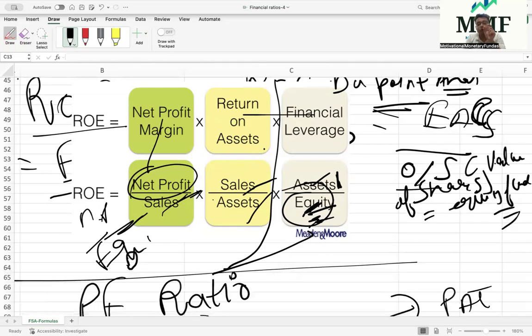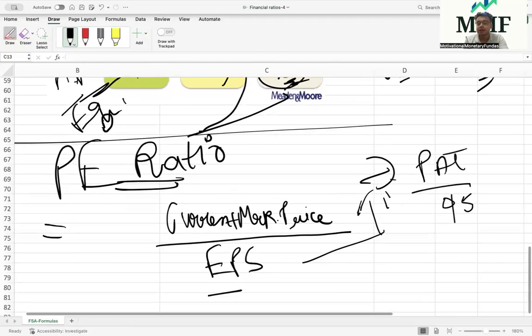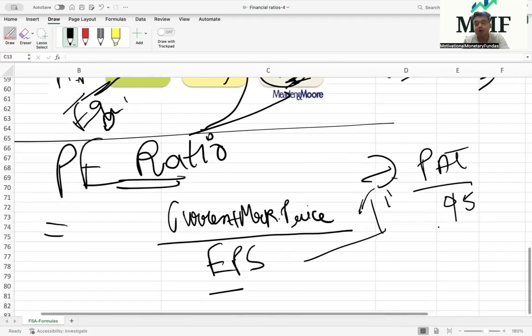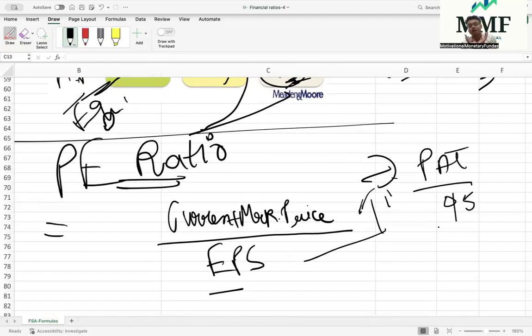That is the total number of shares into price. Total equity, how much is there in the company. But in case of EPS, you have the number of shares and not the total equity of a company in amount. Correct? You just have the number of shares. So PAT, I'm dividing it by the outstanding shares. So once I know PAT and I know the outstanding shares, and this number, once you calculate, it becomes your denominator.